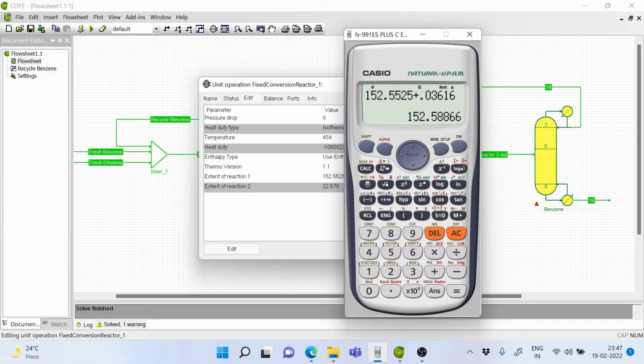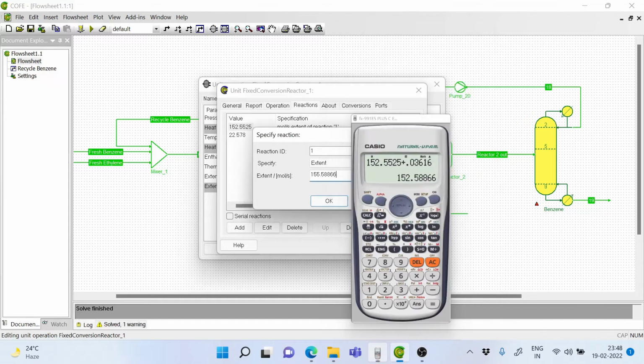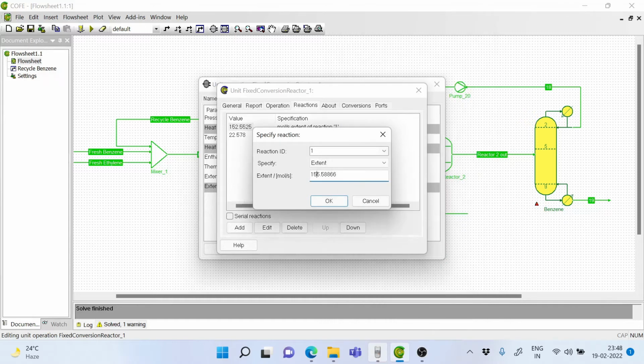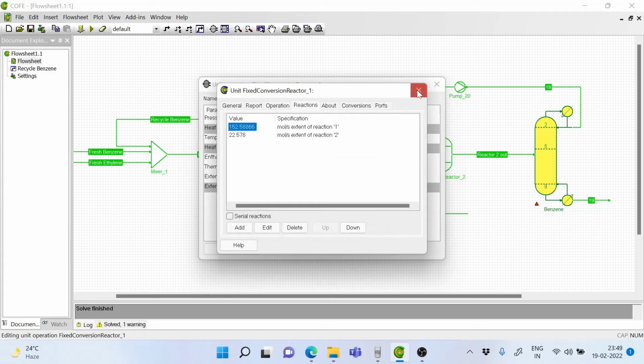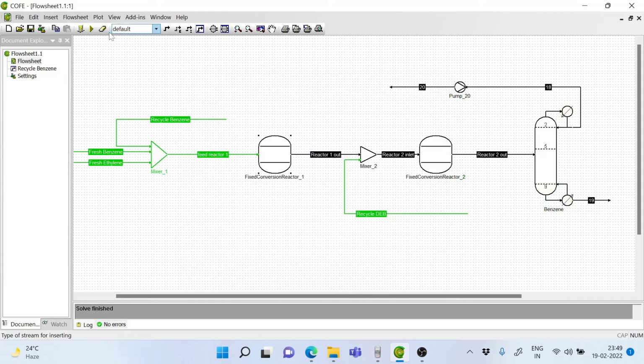So the new value for extent of reaction for the first reaction in the first reactor is 152.5886. Okay, so we are done with the correct values. And let's resimulate this now.